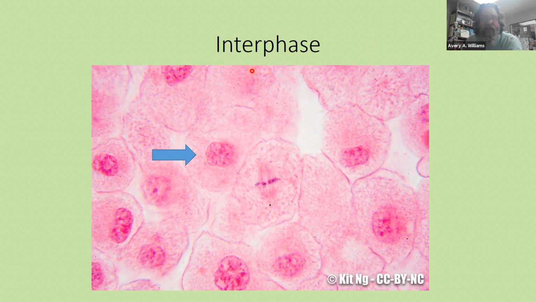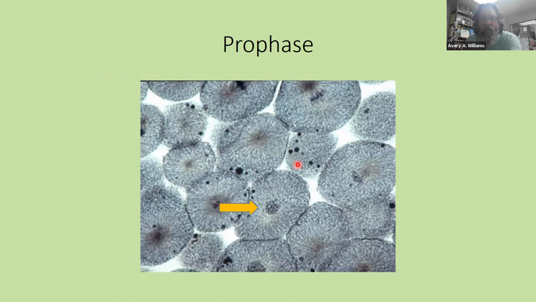So what comes next? Well, if the cell is going to divide, the chromosomes are going to form from chromatin, okay? And that's what you see right here. Look at this cell, this kind of different stain, it's just a different slide altogether. But I'm showing you this one because this is a whitefish blastula cell that's in prophase. Prophase is the first stage of mitosis. And I recognize that for a couple of reasons. One, where the nucleus should be, this is not a nucleus, okay?